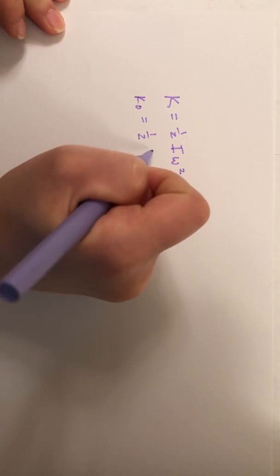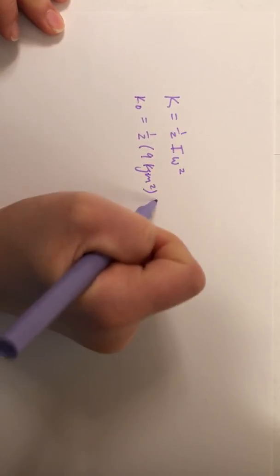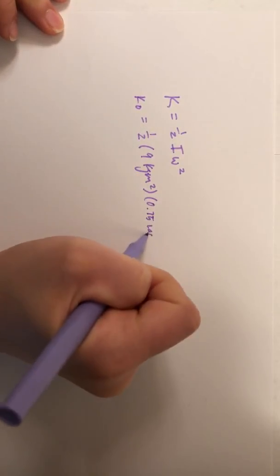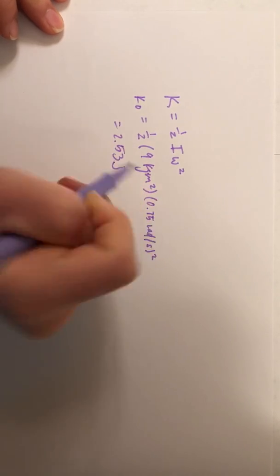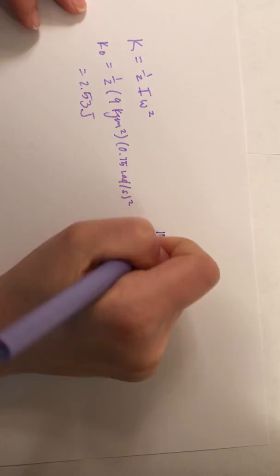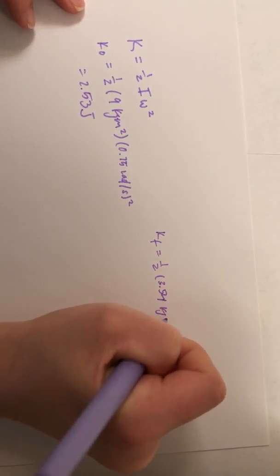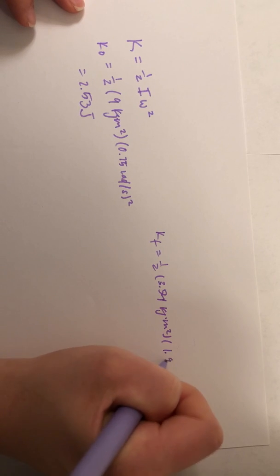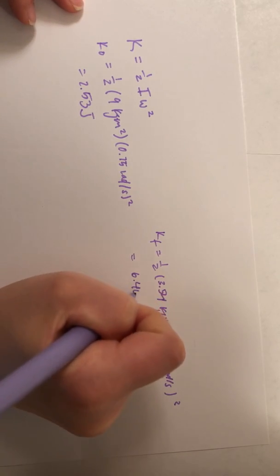The kinetic energy initial is equal to 1/2 times 9 kilogram meters squared times 0.75 radians per second squared, which is 2.53 joules. The kinetic energy final equals 1/2 times 3.54 kilogram meters squared times 1.91 radians per second squared, which equals 6.46 joules.